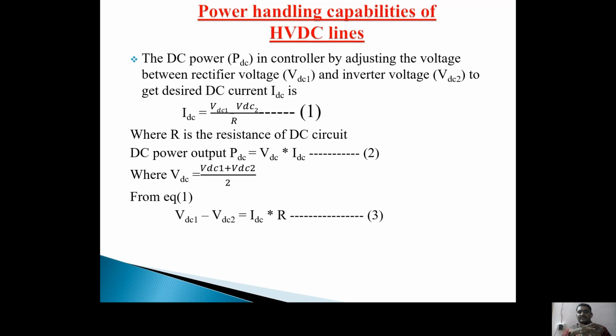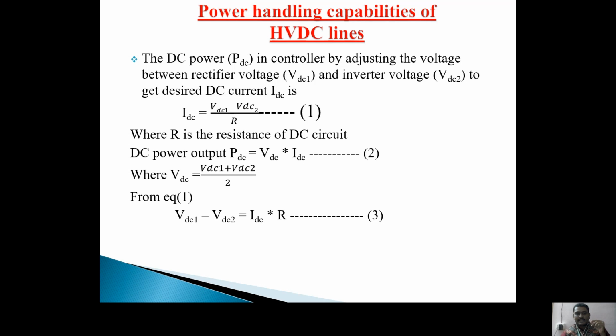From equation 1, IDC equals (VDC1 minus VDC2) by R, so I am writing VDC1 minus VDC2 equals IDC into R. I will treat this as equation number 3.